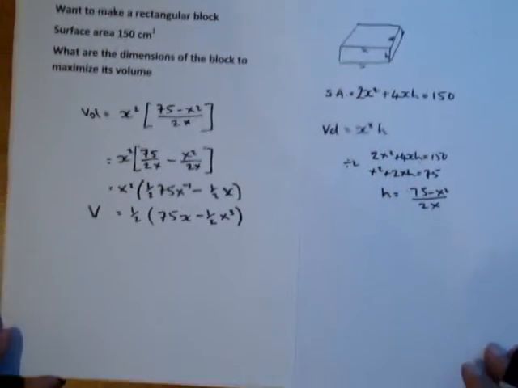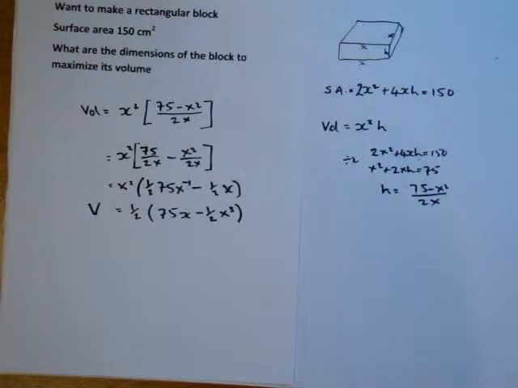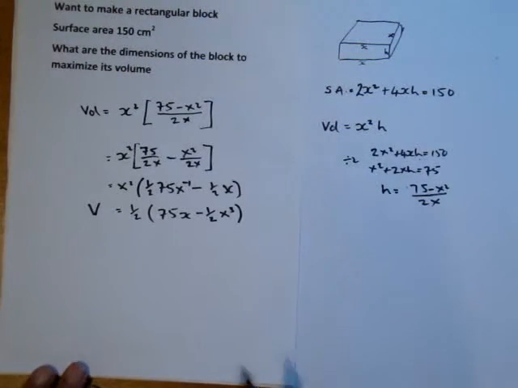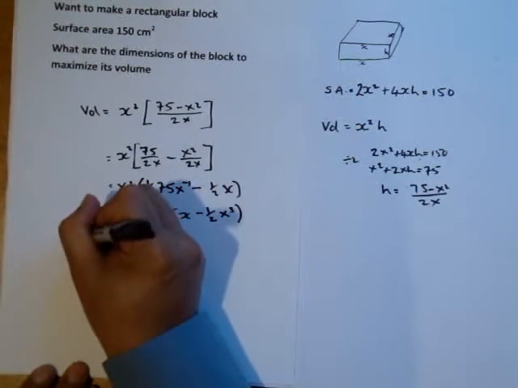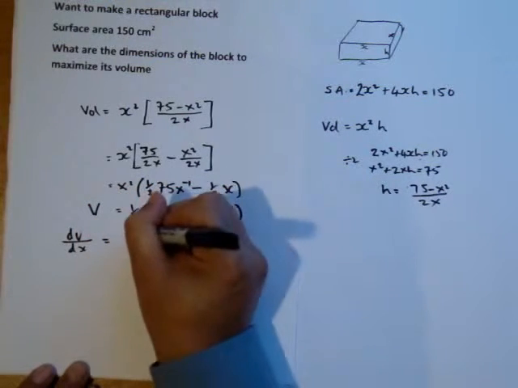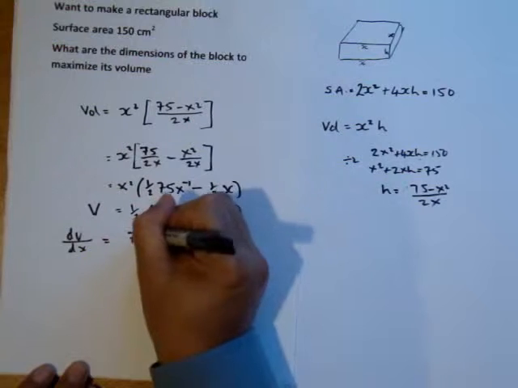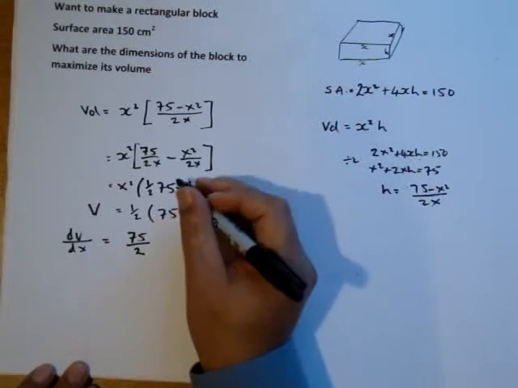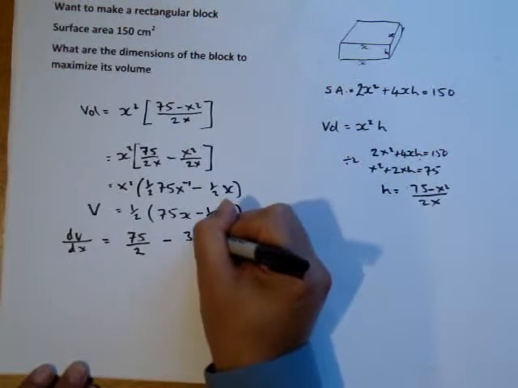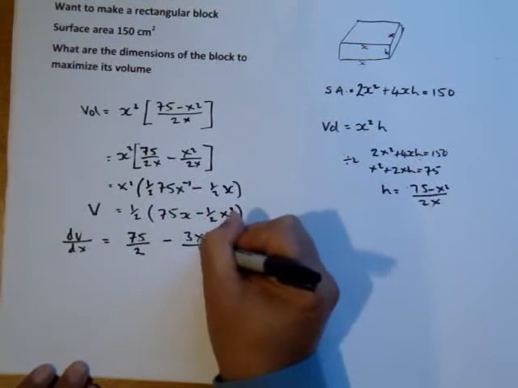Now we can differentiate, having found v in terms of one variable. Let's do dv by dx. And that equals 75 over 2 minus 3x squared over 2.